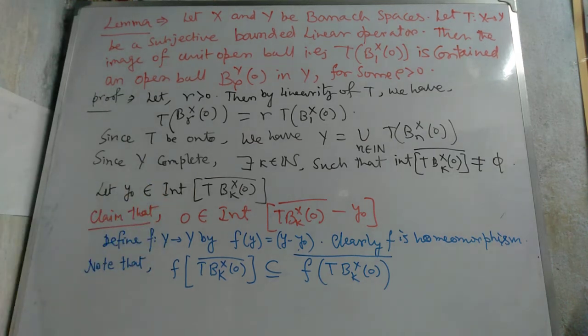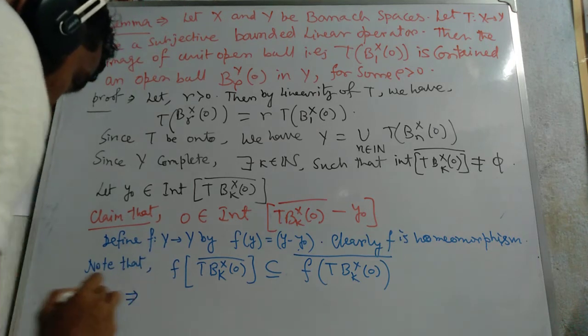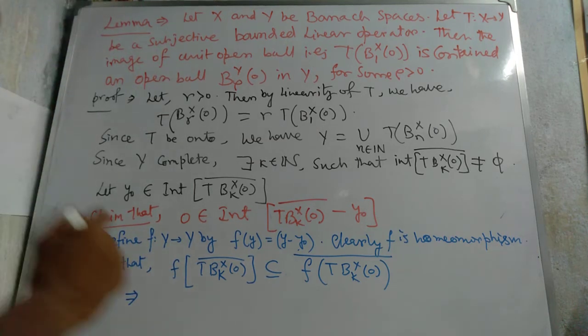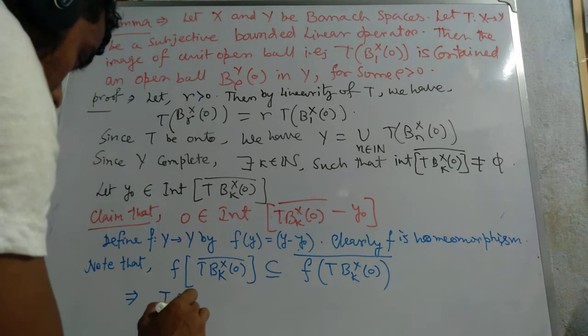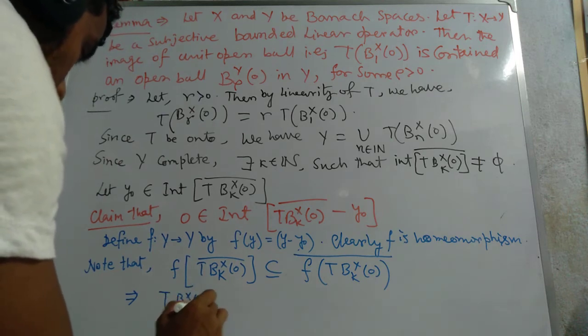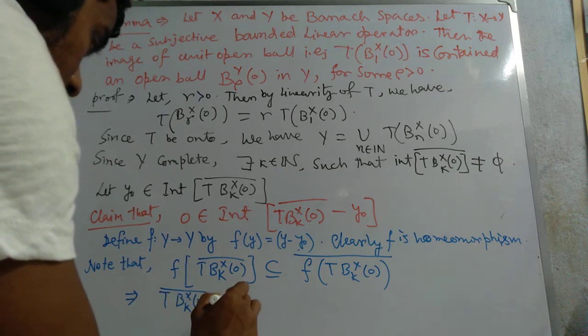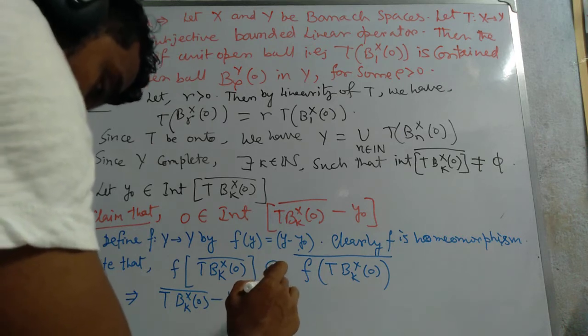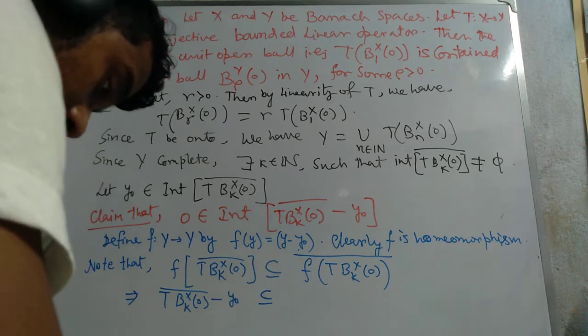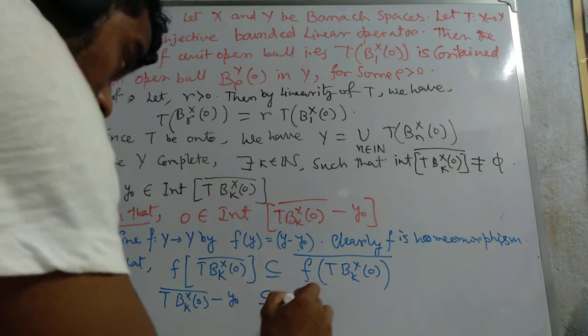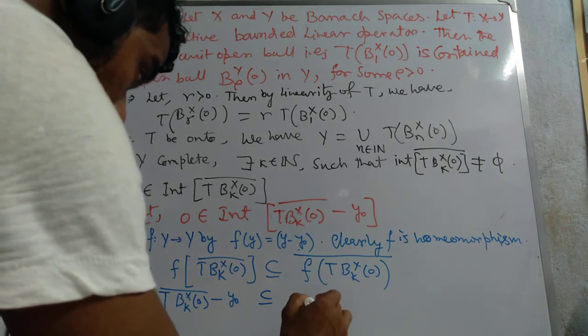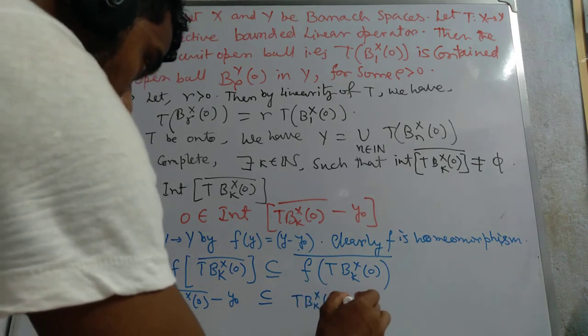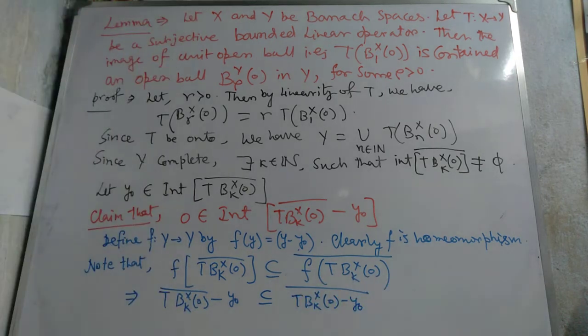This implies that the closure of T(B_k(x0)) − y0 is a subset of the closure of T(B_k(x0)) − y0.